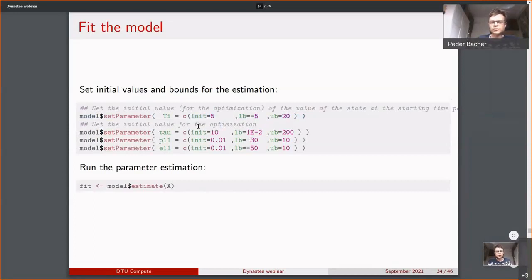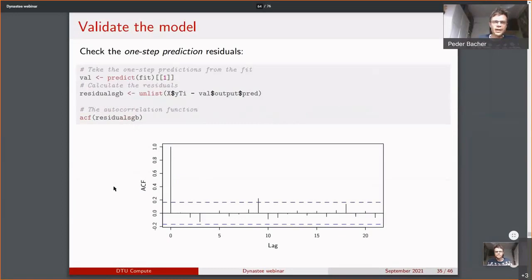So we have to put those to some reasonable values, and then we give the data, which is in a table, and run this function on the model, and then we get our results. When we do that, we calculate again the one-step predictions, and we run the autocorrelation function on those from this Graybox model fitted to the data that we generated ourselves from this very system.